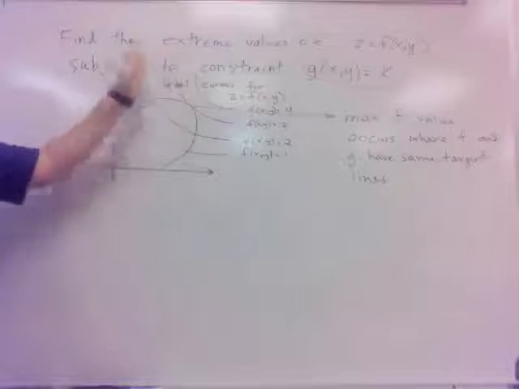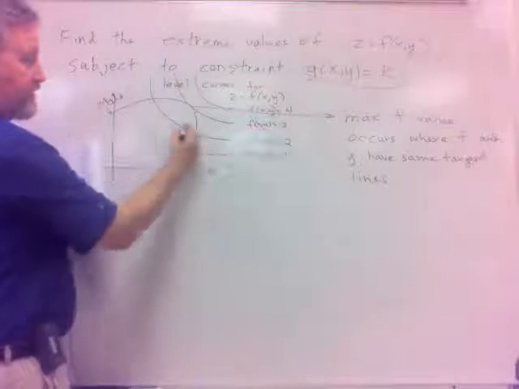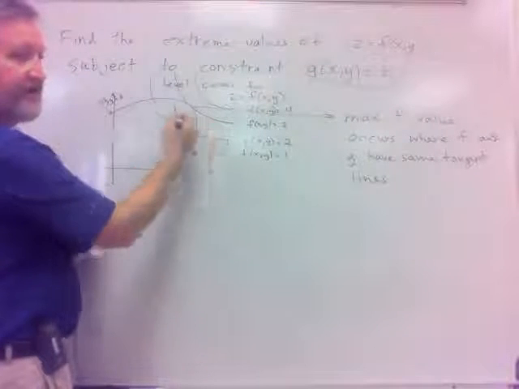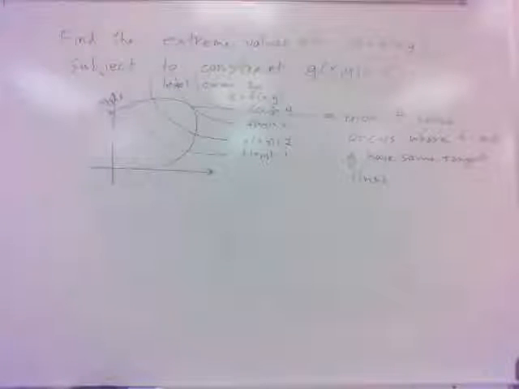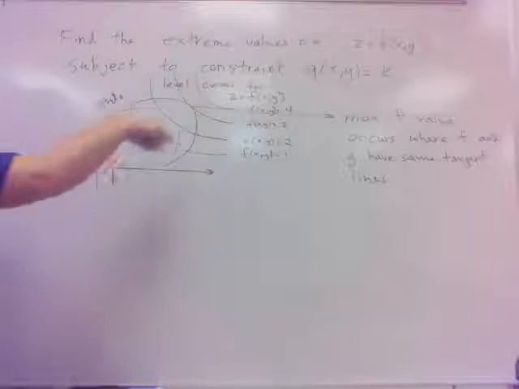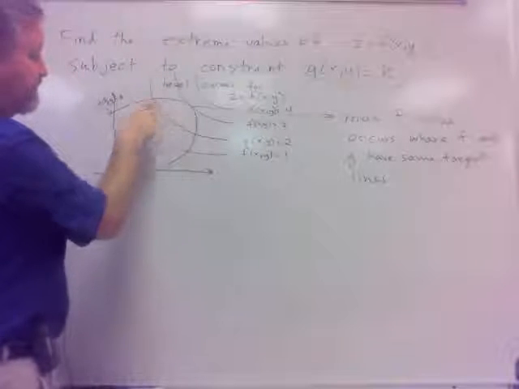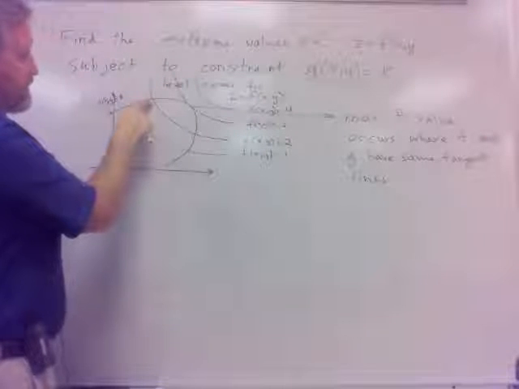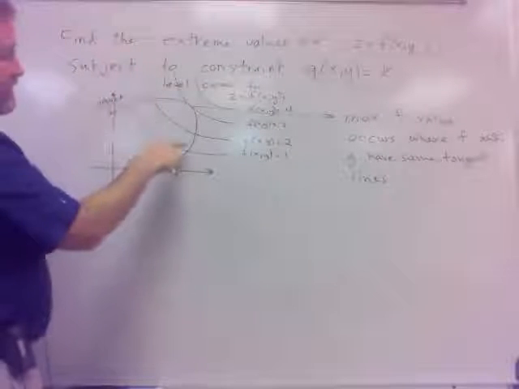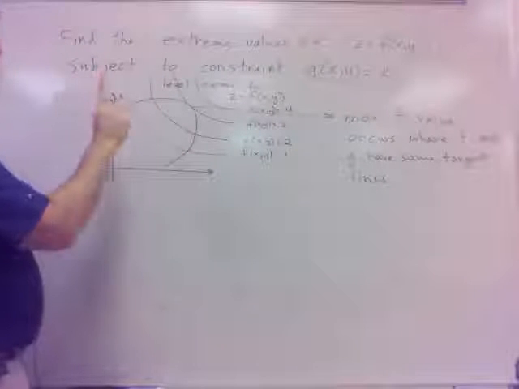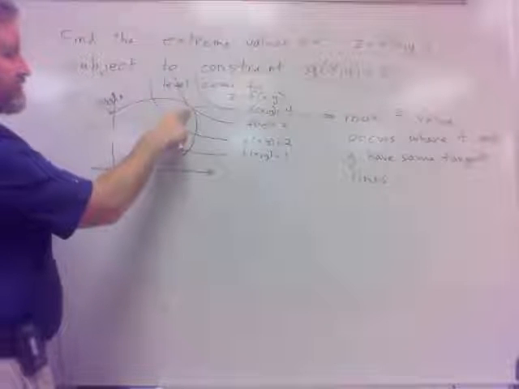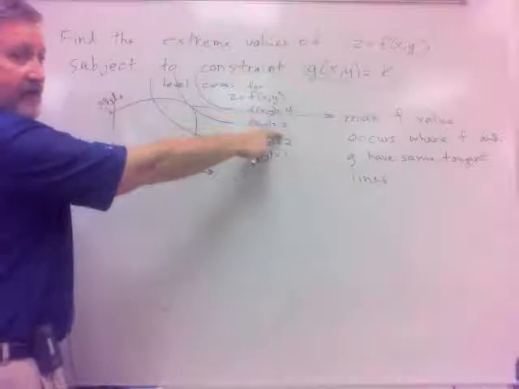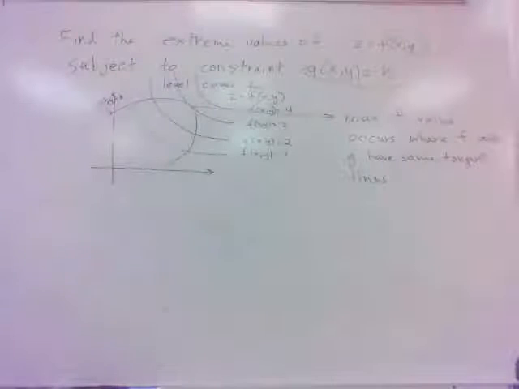You got a 2.5 value, but same thing there. The maximum is for F, because even if we looked at this one, the F value is 2. Here the F value is 1, right? Here is the maximum F value we get out of that. Okay? So the maximum F value there is occurring where F and G have the same tangent lines.